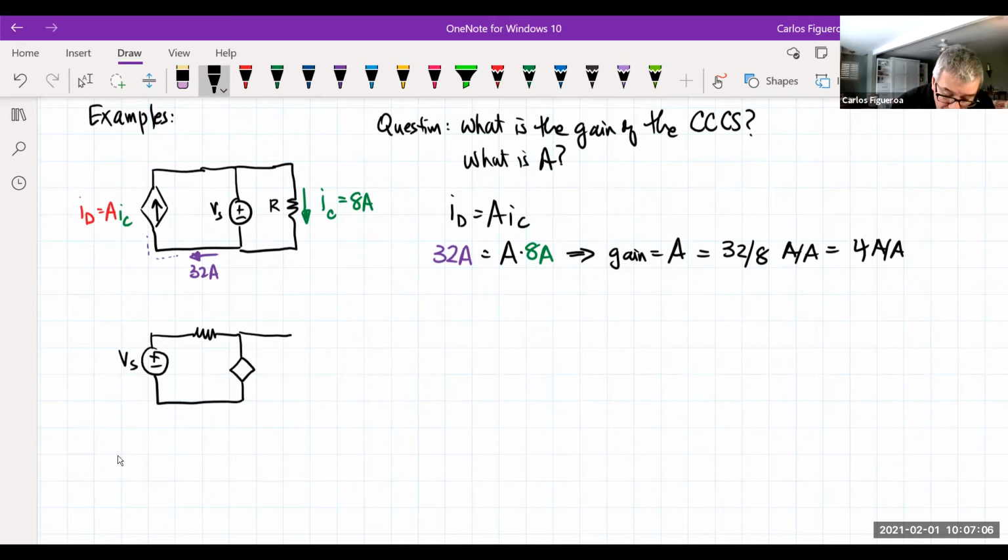What I'm going to do now is insert a voltmeter right here, and over here I'm going to insert an ammeter.